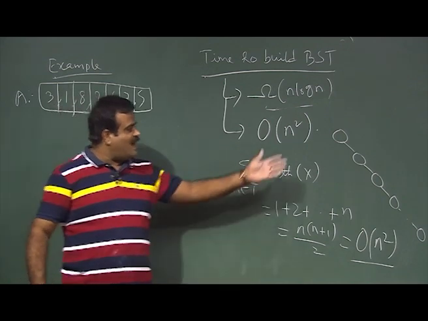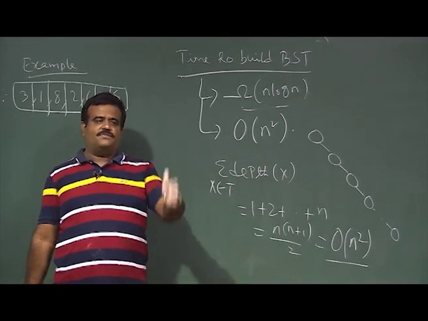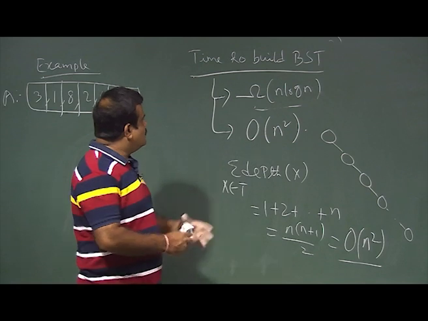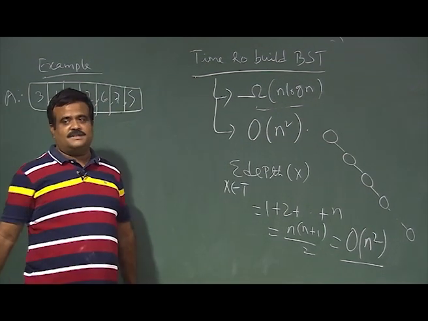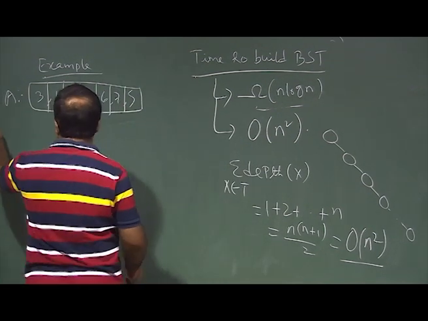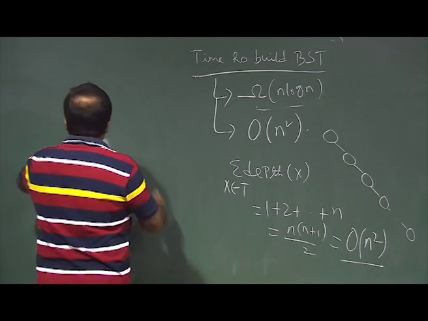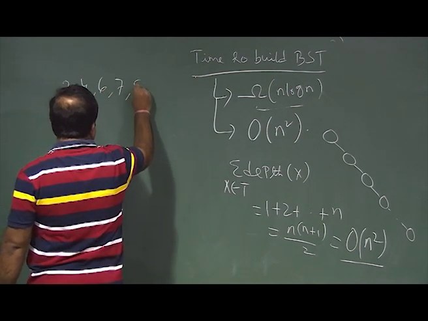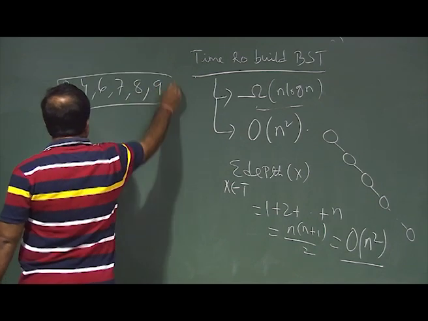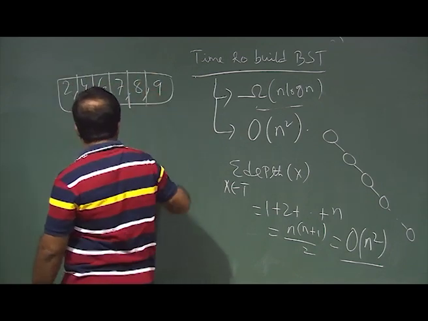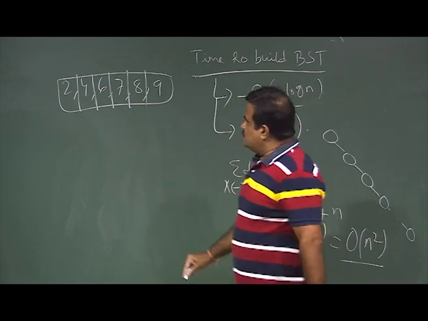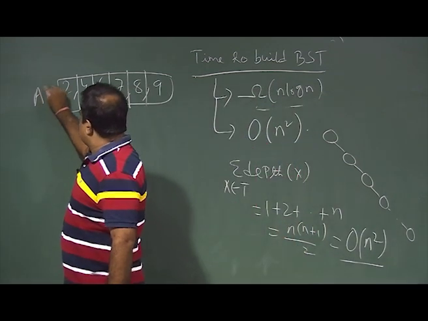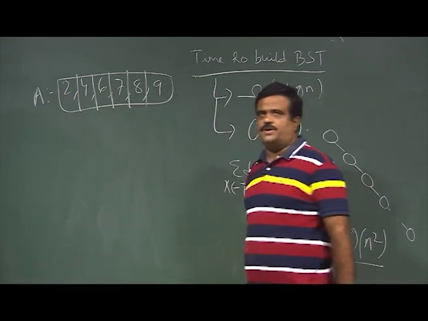If the tree is a bad tree, that means if our numbers are in ascending or descending order, suppose we are given numbers like 2, 4, 6, 7, 8, 9, suppose this is our input, and our array is sorted already.